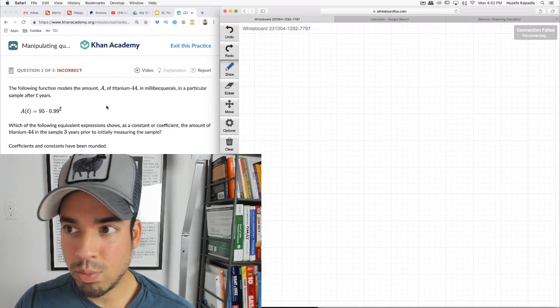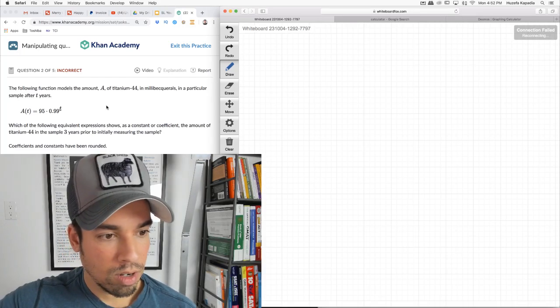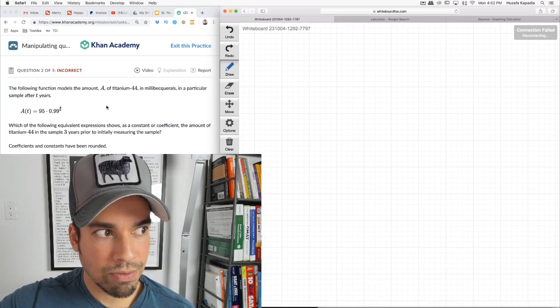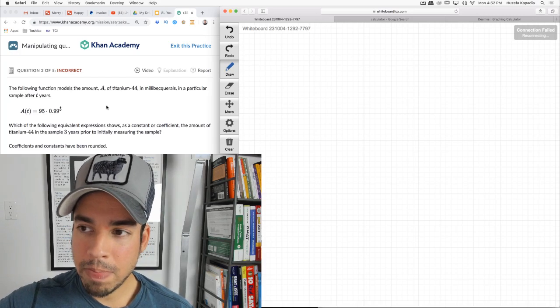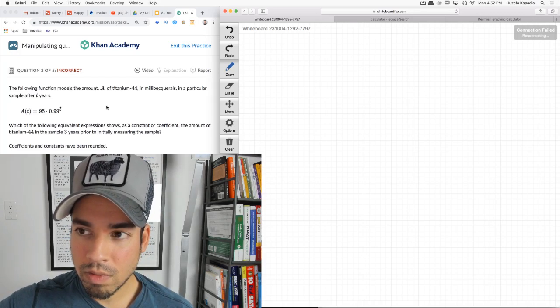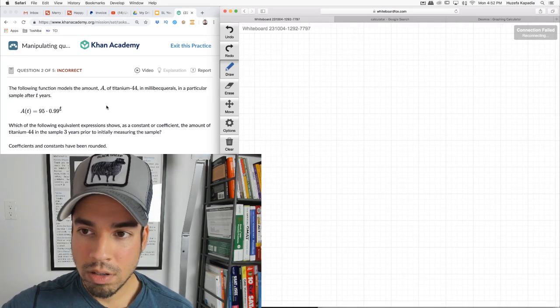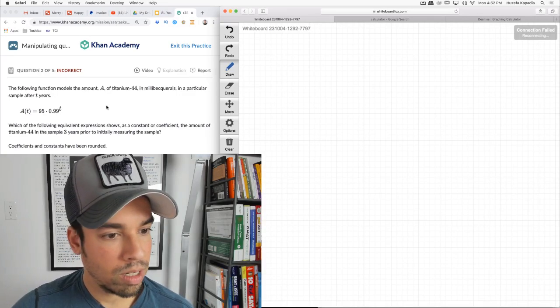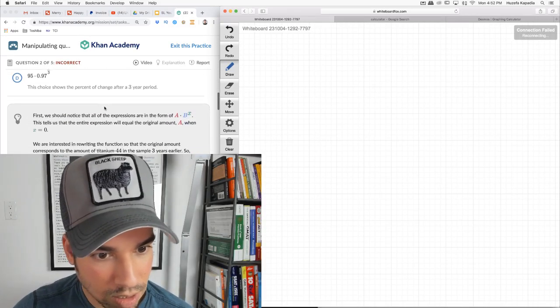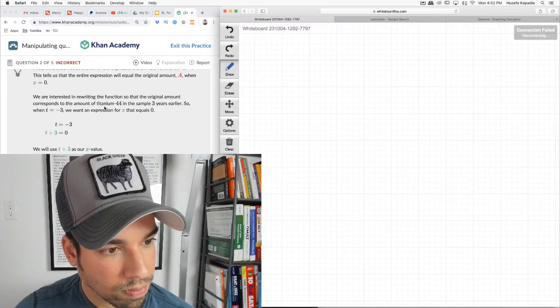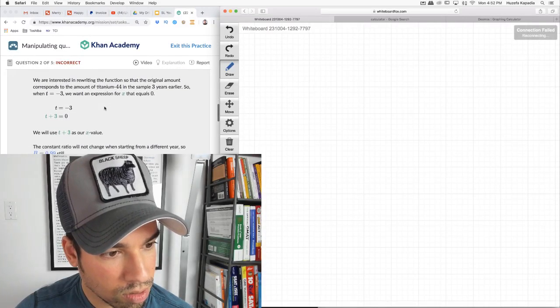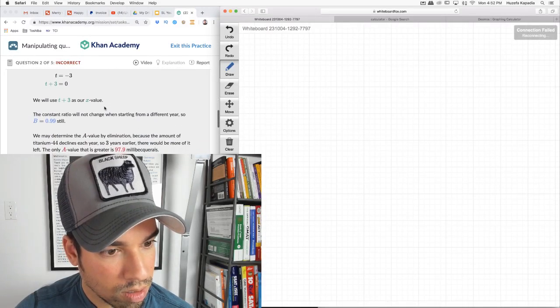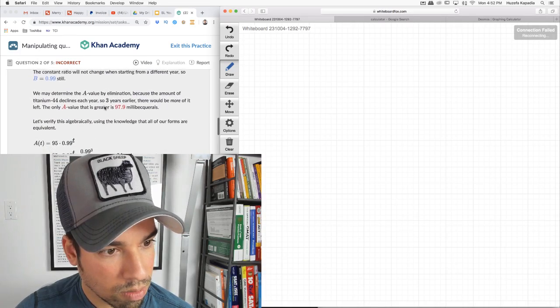So if T equals 1, that's 1 year after. And then T equals 4, that's 4 years after. So to go back to 1, we should be subtracting 3. Okay, this one actually doesn't make sense now that I think about it. Hold on. T plus 3 equals 0. T equals negative 3. We determine a value by elimination.